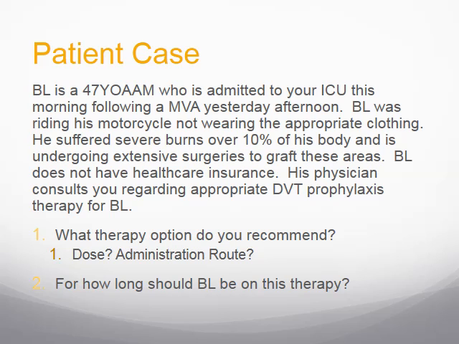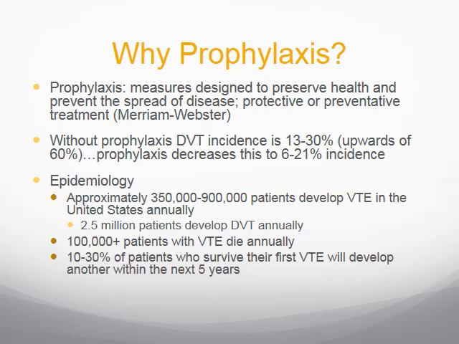BL does not have health care insurance. His physician consults you regarding the appropriate DVT prophylaxis therapy for BL. So the questions are, what therapy option do you recommend? This includes dose, and administration route, and for how long should BL be on this therapy?